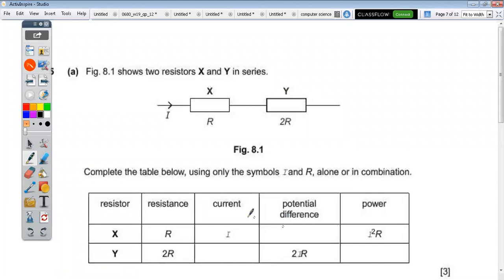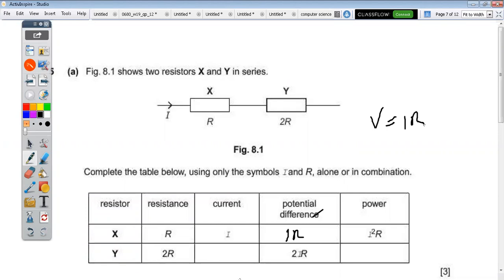So how do I calculate? If I'm given the current and the resistance, voltage is simply equal to I times R.